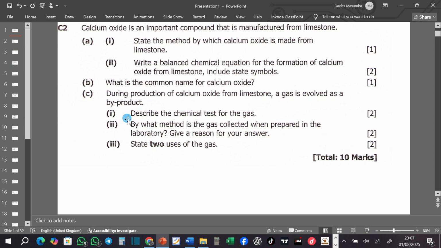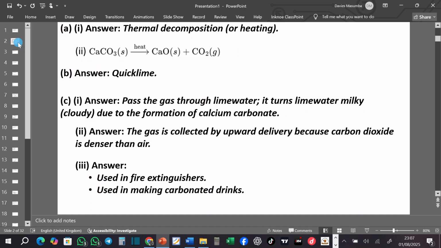Then Roman numeral 2: by what method is the gas collected when prepared in the laboratory? Give a reason for your answer. Carbon dioxide is a gas which is denser than air, and because of that it is collected by downward displacement of air, or upward displacement, sorry.